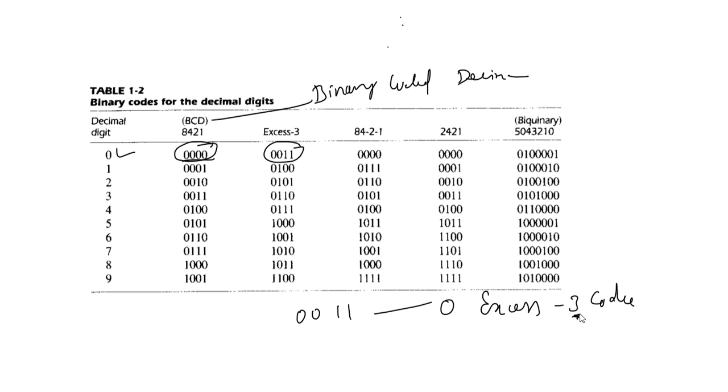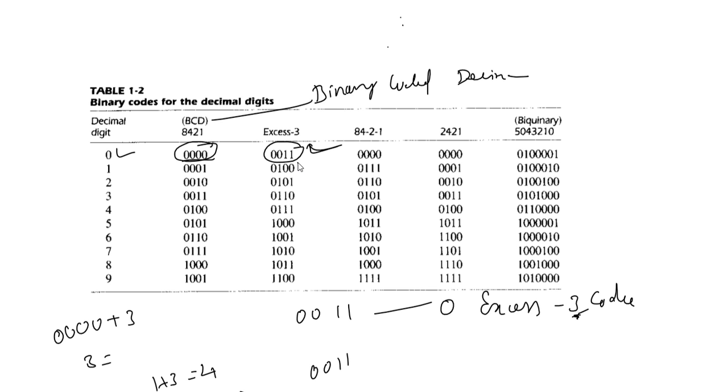If I add 0 plus 3, it becomes 3. How do I represent 3 in binary using 4 bits? 0011, that is done here. For 1, if I add 1 plus 3, the result is 4, which in 4 bits is 0100, as written here.